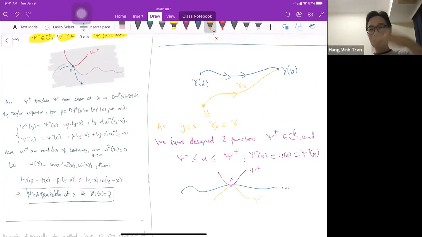So they squeeze the function at the point x, right?